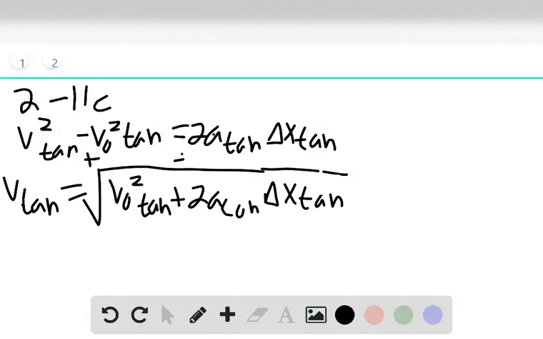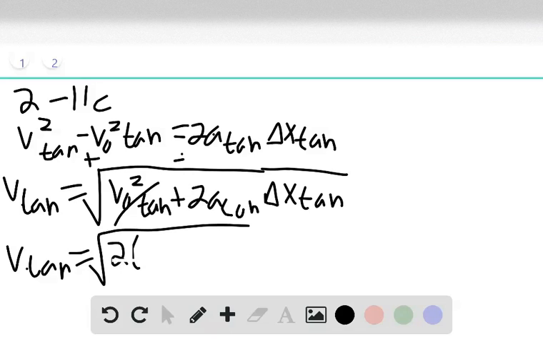So now this is where we can go ahead and take out v naught, though we should keep it in as long as we can. So v_tan is equal to the square root of 2 times 4.069 times delta x_tan.